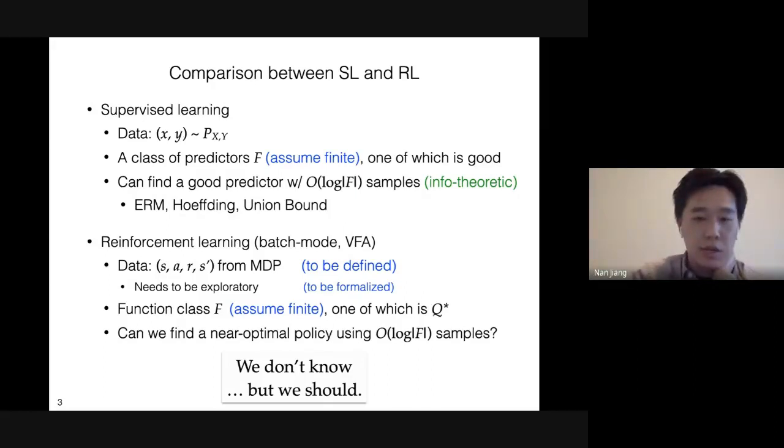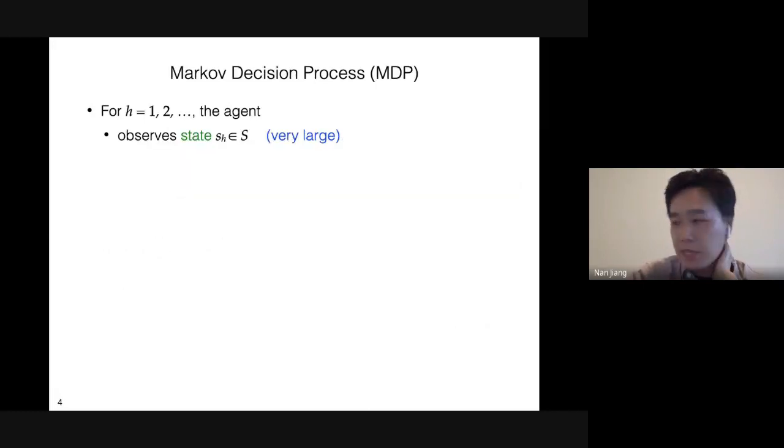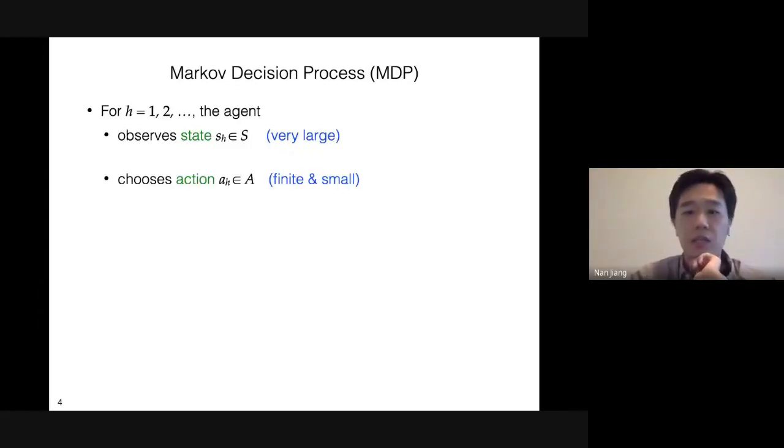Okay, so let me define things more precisely, right? Here I'm thinking of a Markov decision process as usual, and actually I'm thinking of an episodic one where in each episode, for time step h equals 1, 2, 3, and so on, the agent repeatedly observes the state s_h from a potentially very large set.